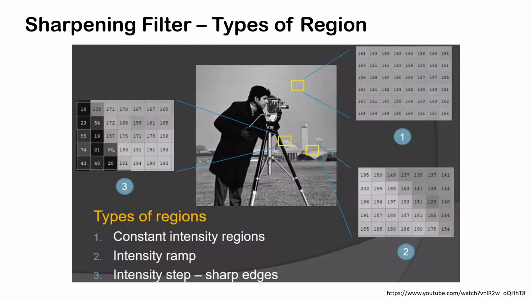The last one is the very steep intensity change, or sharp edge, where you can see the difference between the dark and the lighter parts of the image itself. So these are the three types of regions.